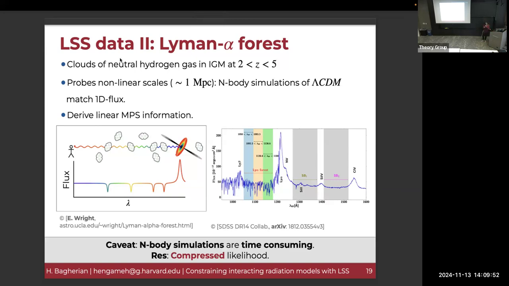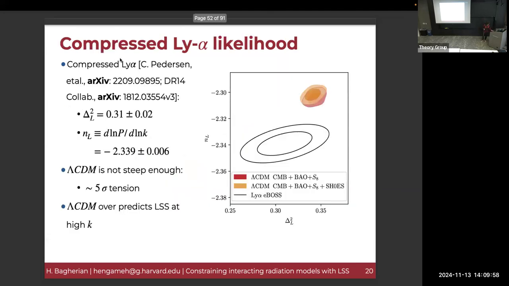However, the downside is that these simulations can be very, very time consuming. But the good news is that on the Lyman alpha side, at least, there's this thing called the compressed Lyman alpha likelihood that tells you the amplitude and the slope of the matter power spectrum at a given scale.